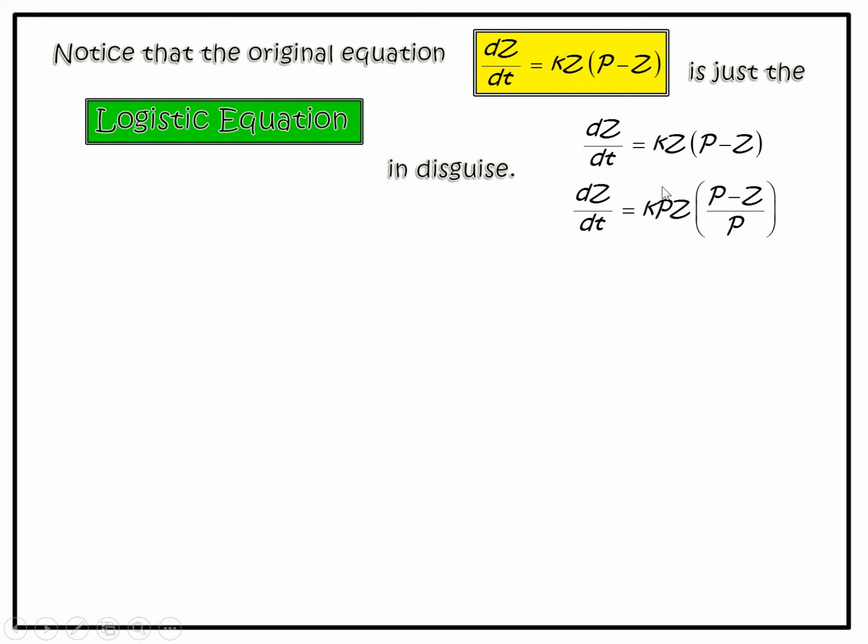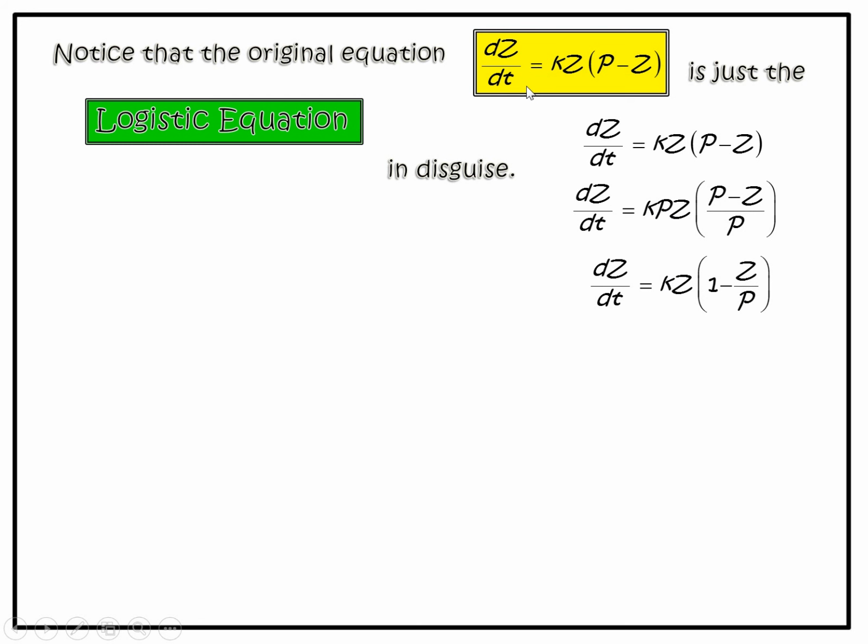It's k times p z, p minus z over p. So I just multiplied and divided by p. And then that means that dz dt is k times z, and then this is p times p minus z over p. So this is z times 1 minus z over p. And then I rename this constant k times p to be my new constant k. So that's really just the logistic equation.